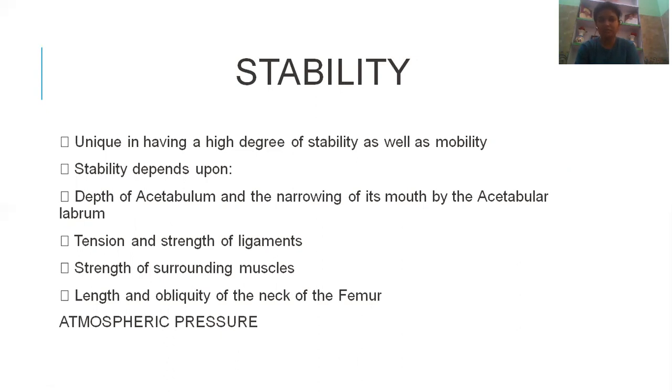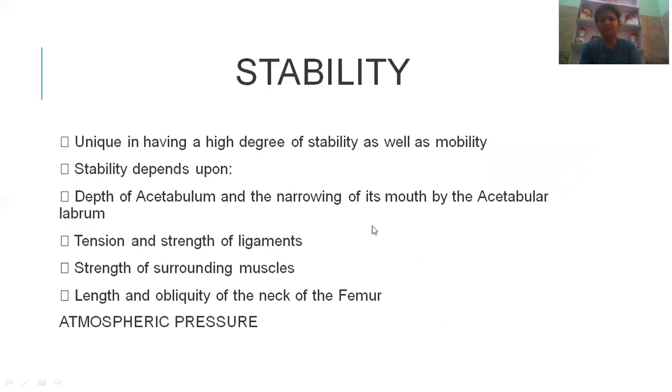The stability depends upon the depth of the acetabulum and the narrowing of its mouth by the acetabular labrum, the tension and strength of the ligaments, and the strength of surrounding muscles. There are several muscles which cover the hip joint, so they provide strength.